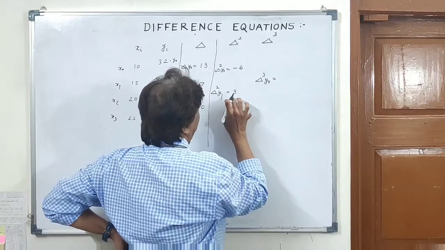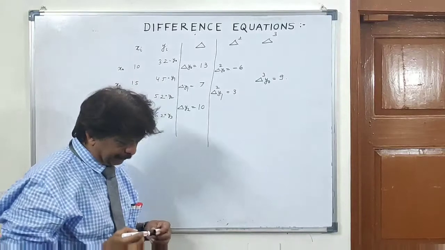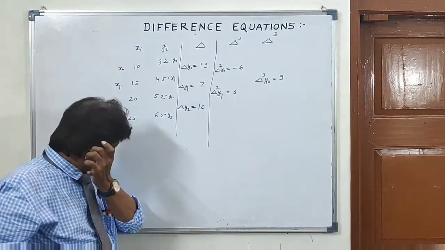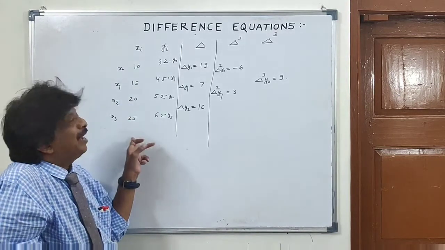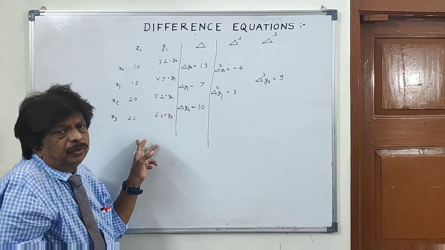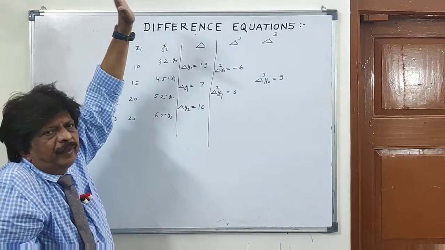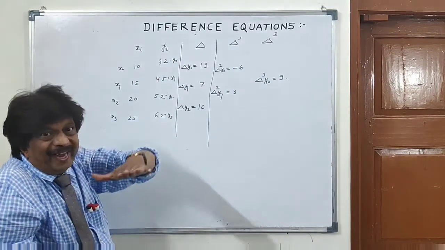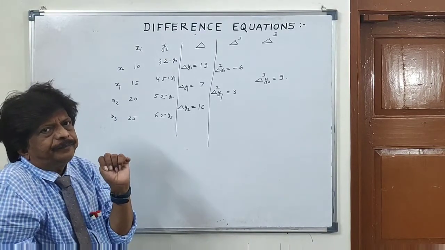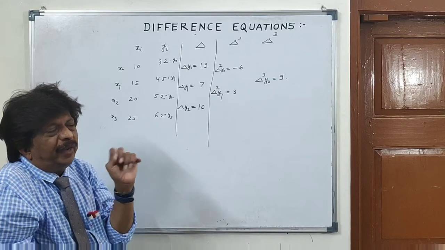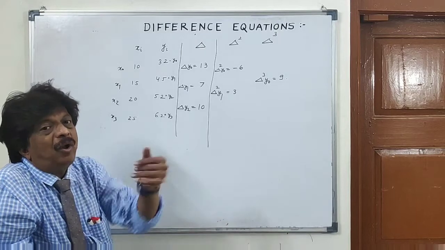It is 3 minus minus 6, this is 9. So for these 4 values, we can reach up to the third order differences. If there are 5 values, we can reach up to the fourth order differences. If there are n plus 1 values, we can reach up to the nth order differences.